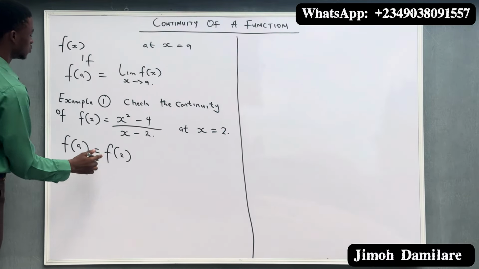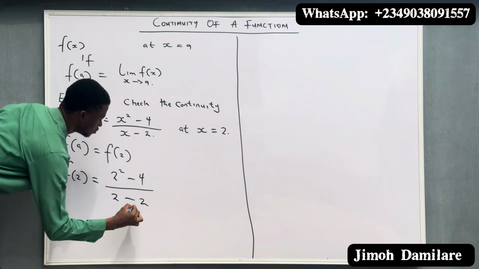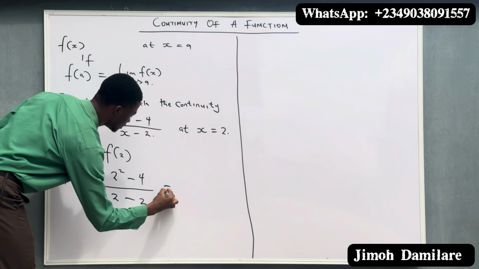So we can put 2 directly anywhere we see x. We can say 2 raised to power 2 minus 4 all over 2 minus 2. In solving for that, 2 raised to power 2 will give us 4, so we have 4 minus 4 divided by 2 minus 2. 2 minus 2 gives us 0, and 4 minus 4 also gives us 0.